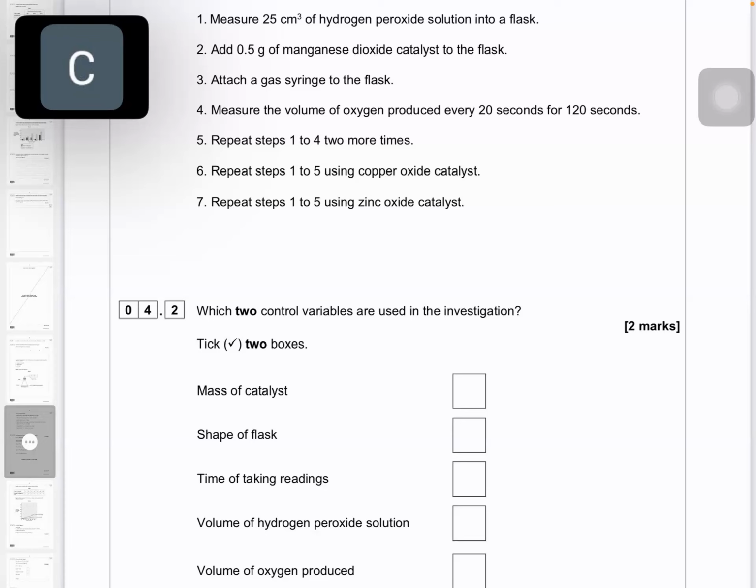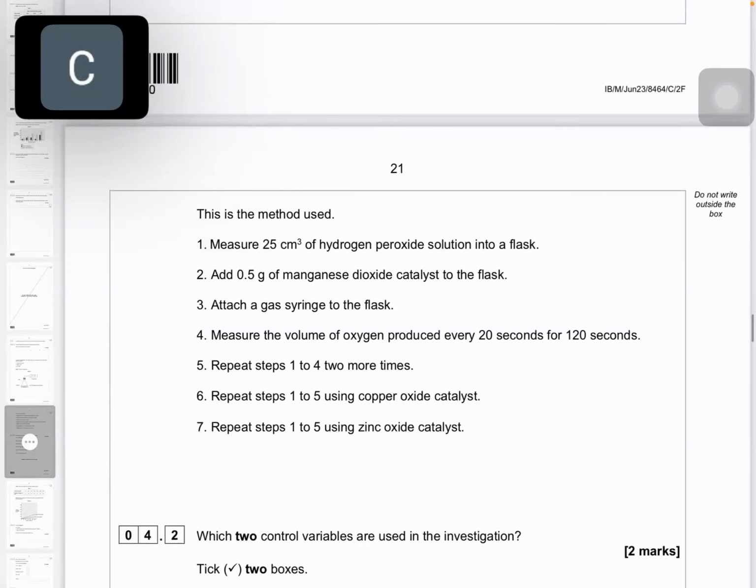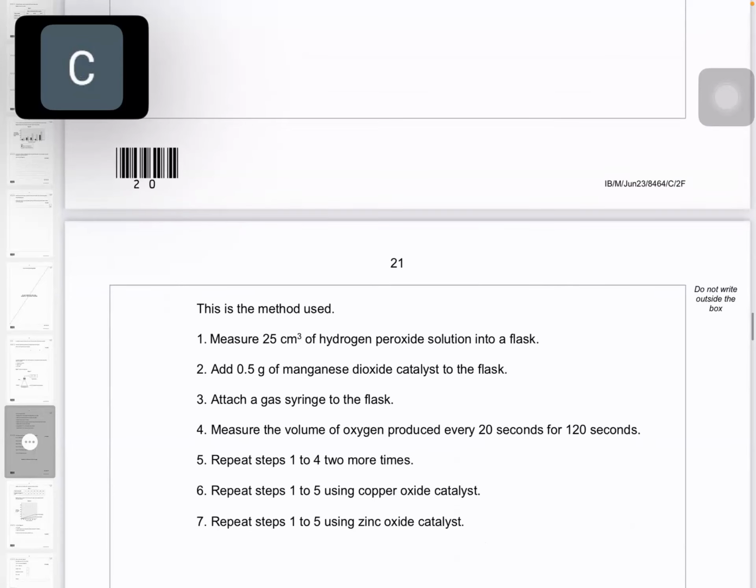Okay. What did the marking scheme say back there? Mass of catalyst and volume of hydrogen peroxide solution. Okay, hold on, let me be sure of control measures in a reaction.